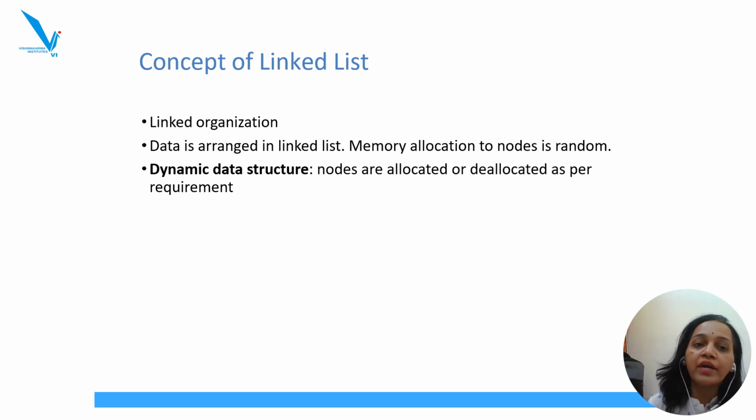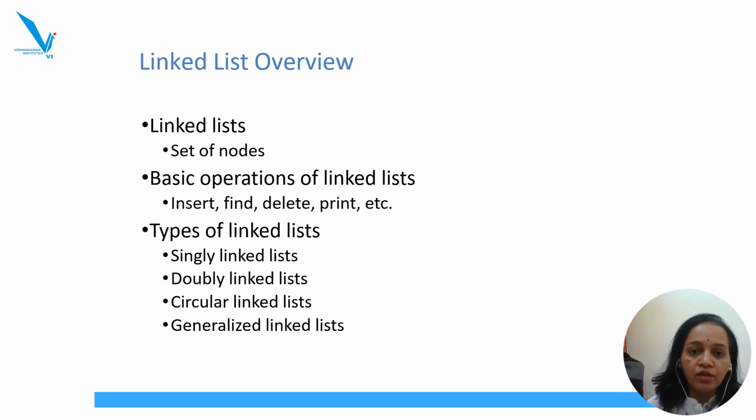As per requirement, I'm going to create the elements or nodes. So what is a linked list? It is a set of nodes. The basic operations that we can perform on a linked list are: we can insert elements or nodes, we can search for an element in the linked list, we can delete any node which is not required, we can print the whole list, and so on.